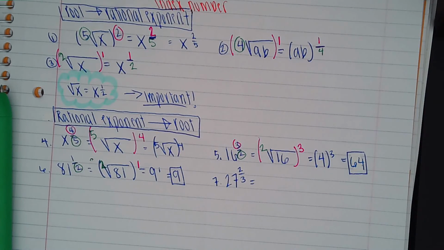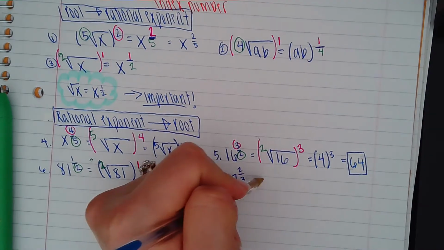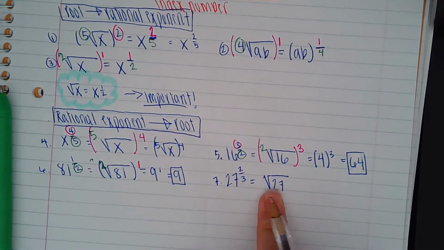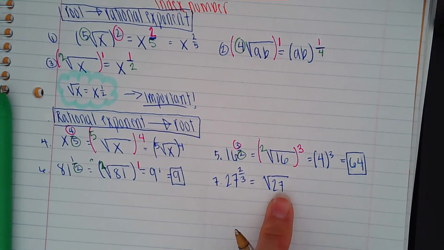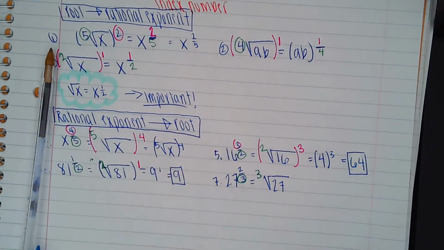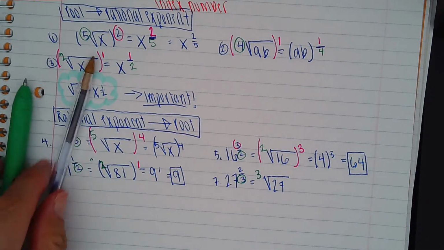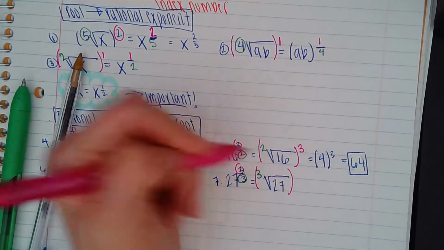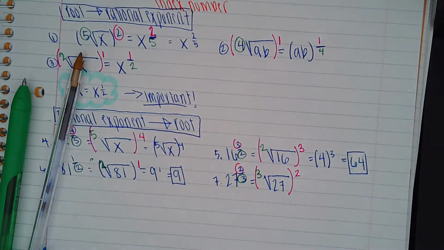Okay, if you need guidance, totally fine. So remember, this goes inside the radical. This is our radicand. Our denominator right here is always what root we're taking, so the third root. And this number right here is always going to be our exponent, right?